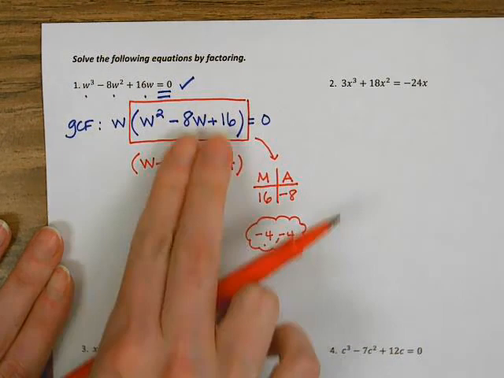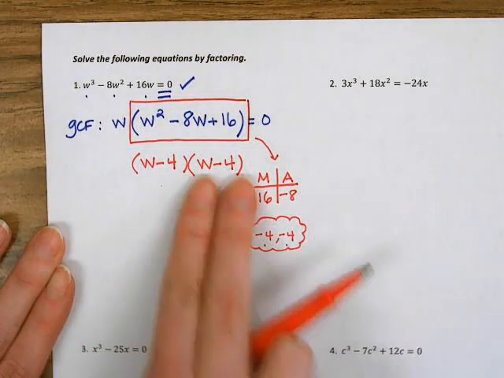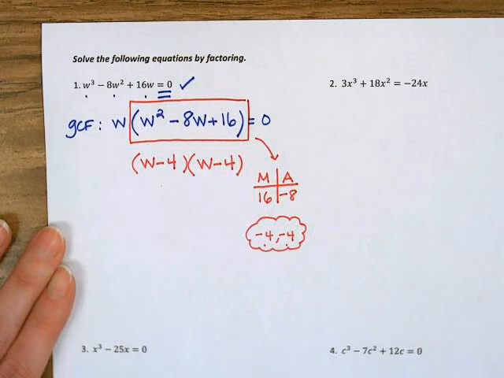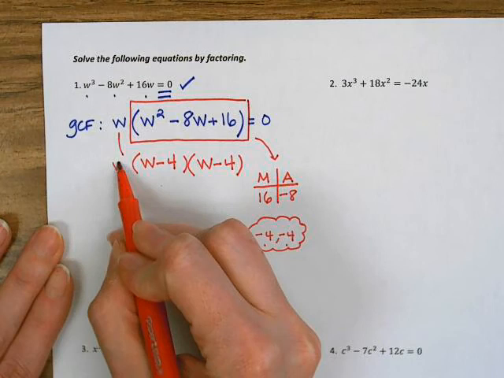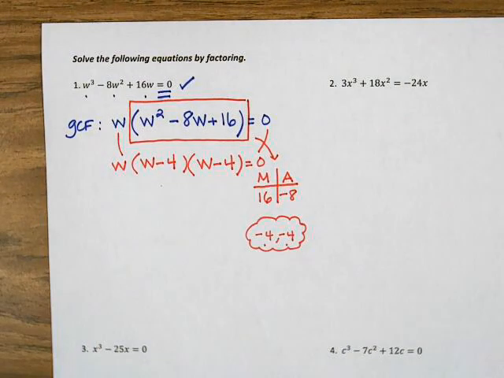Okay, no need to plug them in and factor by grouping. These numbers are your factors. -4, -4 is W minus 4, W minus 4. All right, let's drop down the GCF. And let's drop down the equal 0, and now we solve.